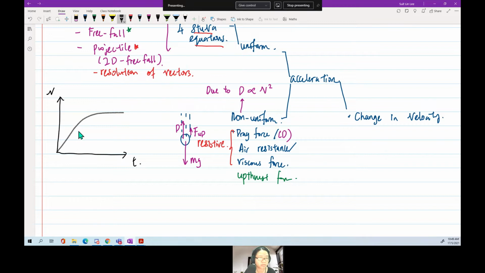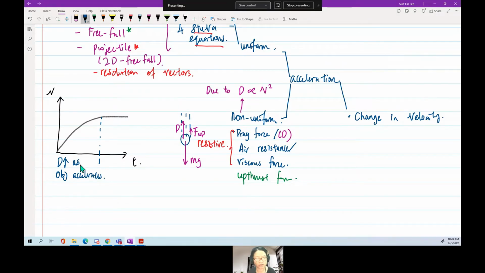And the reason why you have that decreasing gradient until 0. So from here to here, the drag force increases as the object accelerates.